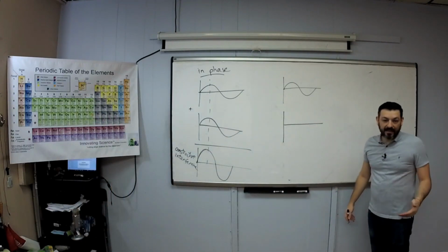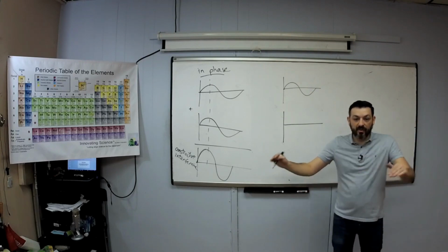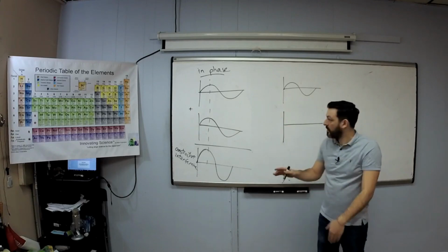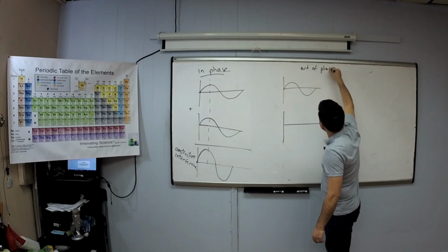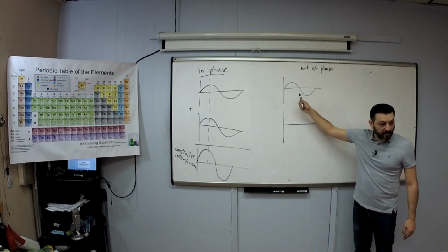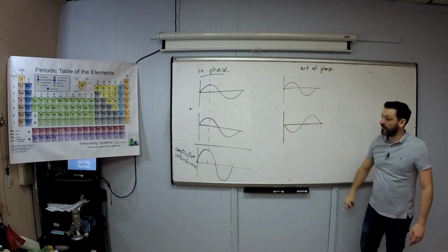To combat that, the opposite of waves moving perfectly in phase would be waves moving perfectly out of phase. Out of phase. What does that mean? Well, if one is moving like a perfect sine wave, then the other one will be moving like a negative sine wave.